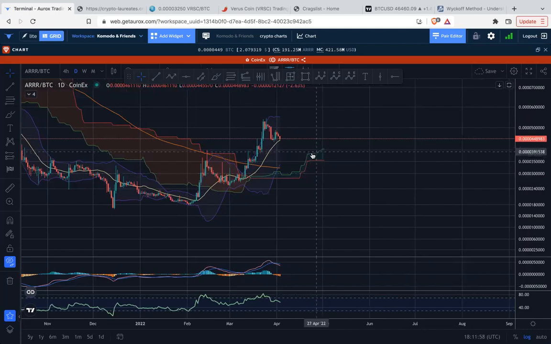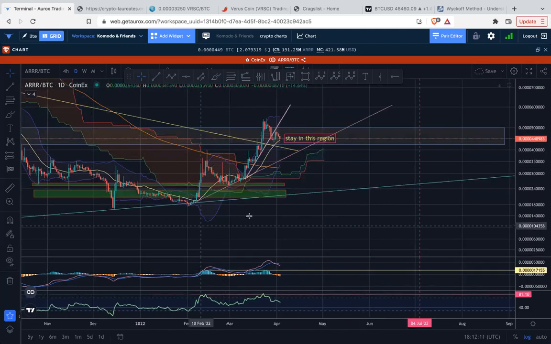We have this Ichimoku cloud here around the 4,000 Satoshis level. So I think that's something to consider. However, when we start to bring in the trends, it tells a bit more of the story. So I'm going to bring in the trends and say, we don't want to come to this Ichimoku cloud down here. I mean, if we do, that's fine, as long as we can get back above this pink trend here.